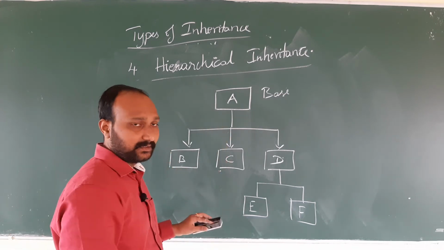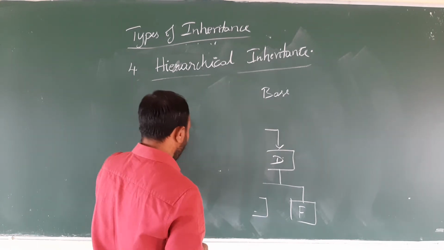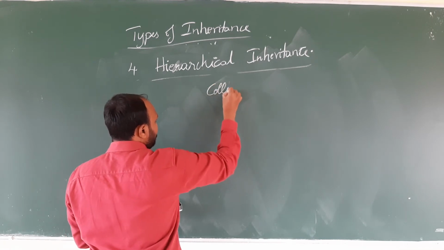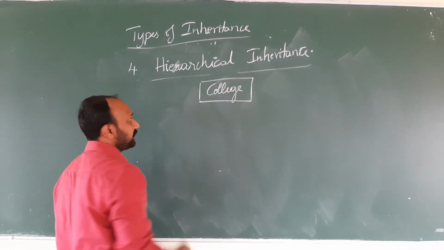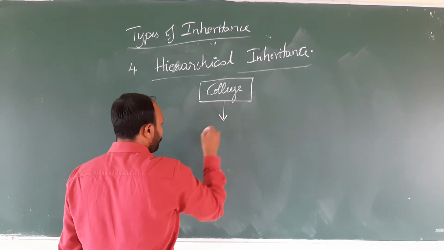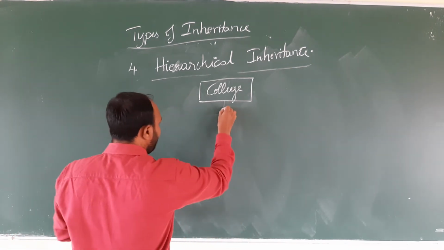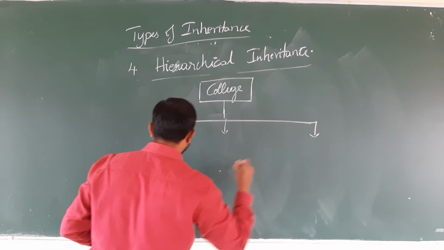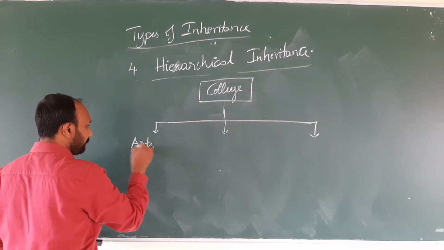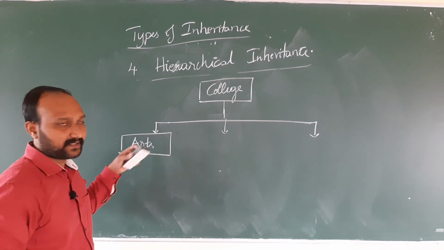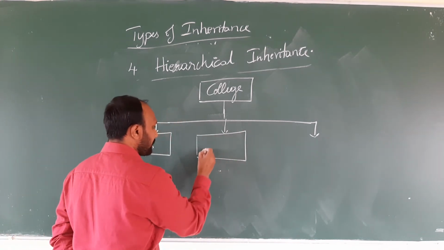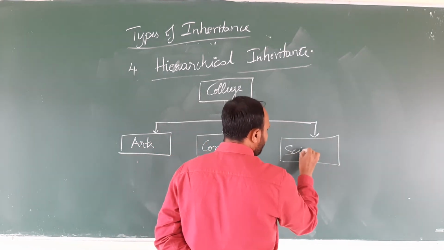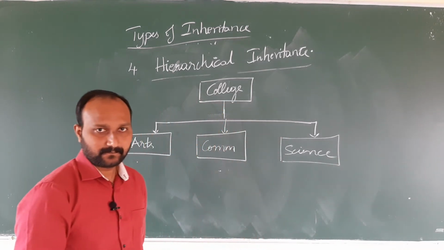Please notice here, let me consider an example. Let us say there is a base class by the name College. College will be offering different courses. The first course is, let us say, Arts. This is the first derived class. Similarly, the second derived class is Commerce, and the third derived class is Science.